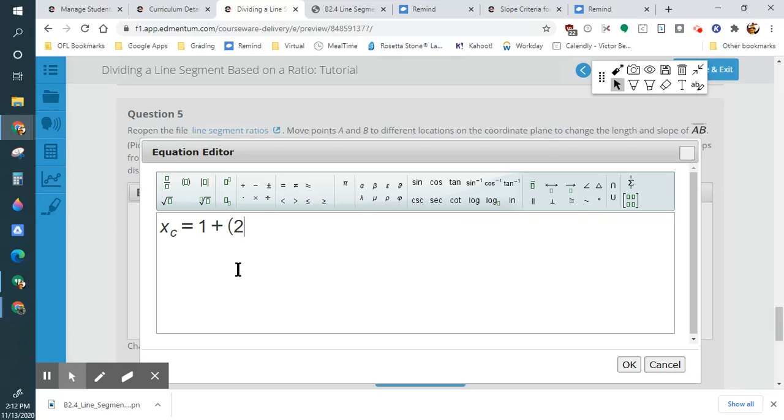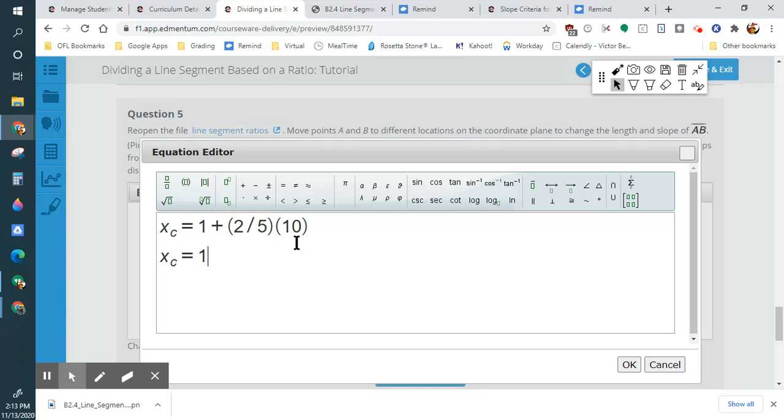Oops. I'm just going to honestly leave it like this. It got a little too long. And then we want our x value. That was 10. So our x value is 10. So when we do this, we're going to say that x sub c equals 2/3. So 2 times 10 is 20.